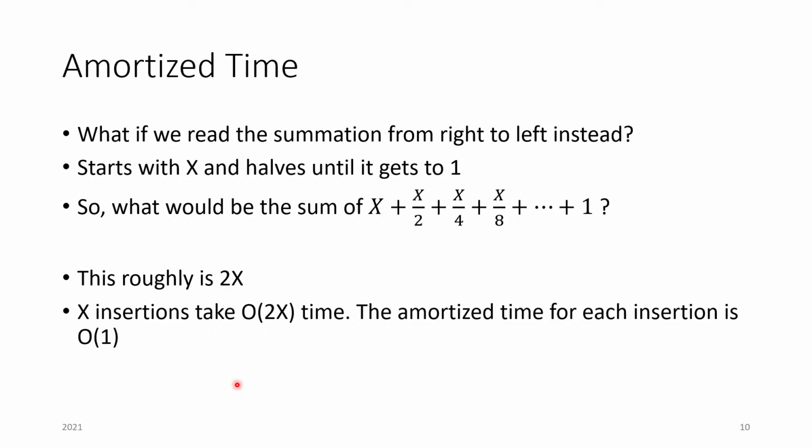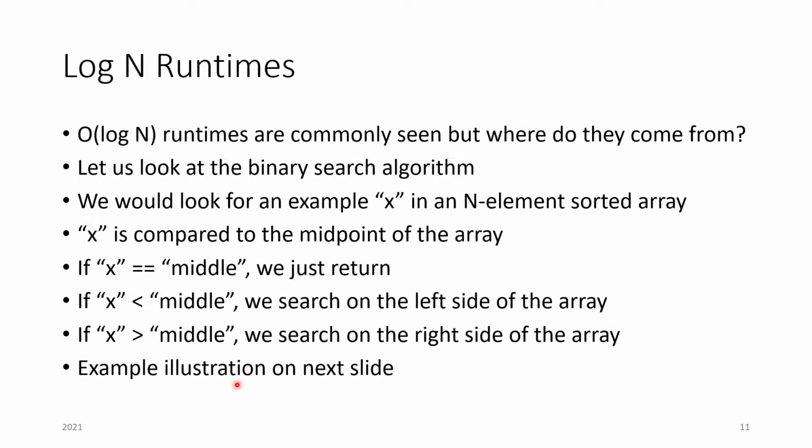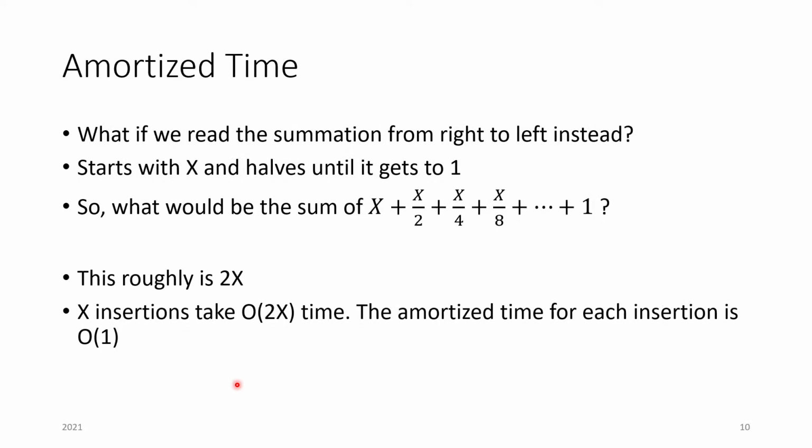So the amortized time for x insertions is going to be O of 2x, but for each insertion, the amortized time will be O of 1. Right. Any particular questions regarding this?